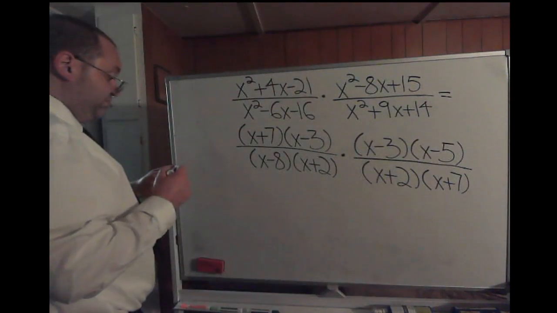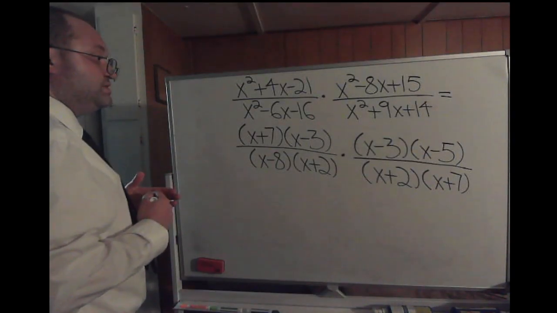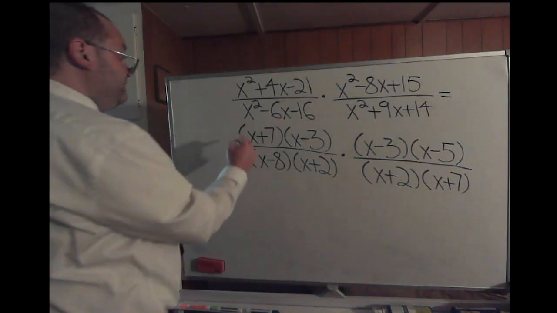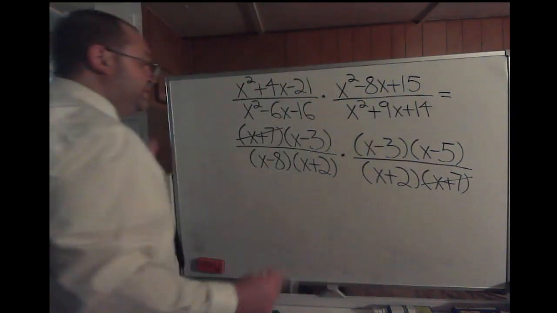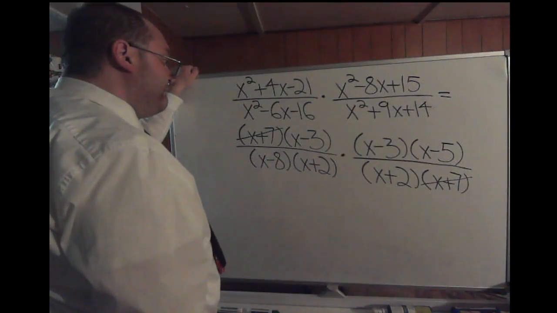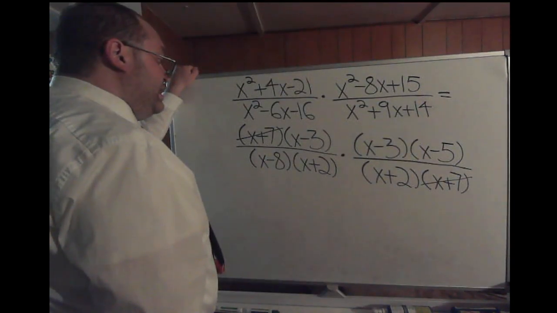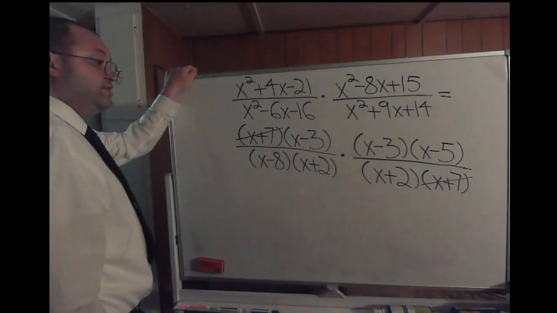Alright, so now we have completely factored everything. Look for what will cancel out. Definitely the x plus 7s. Those will cancel out. We can't go any further with that. And really, it looks like there's nothing else that will factor out.